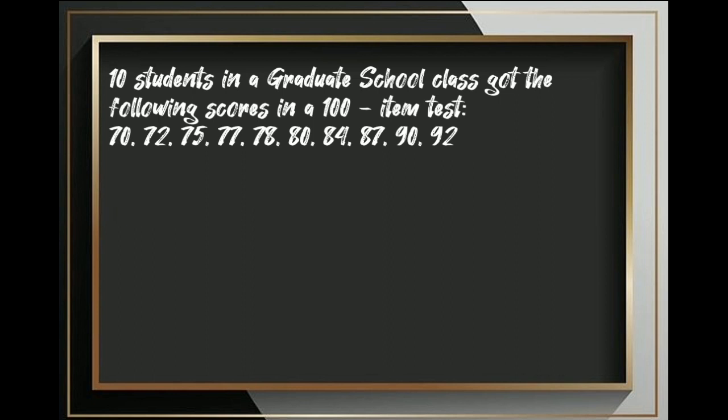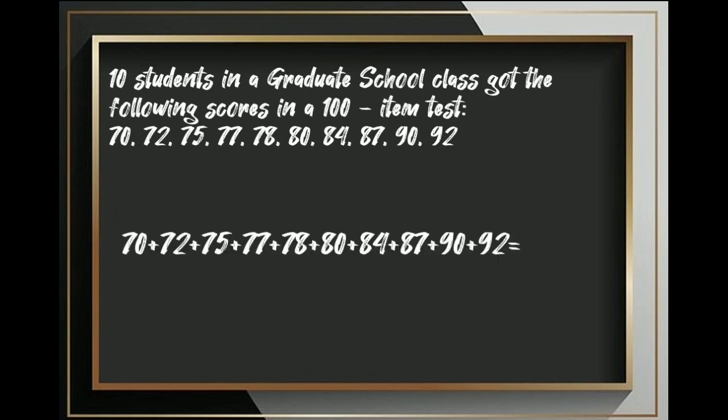The scores that are indicated above are these. So let's add 70 plus 72 plus 75 plus 77 plus 78 plus 80 plus 84 plus 87 plus 90 plus 92.